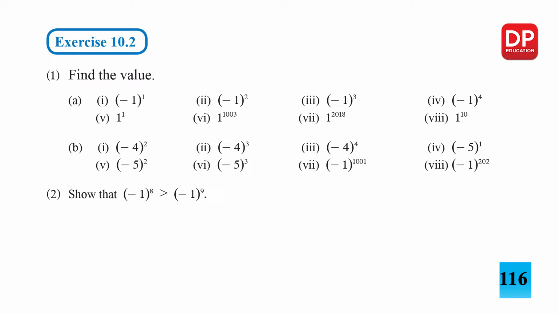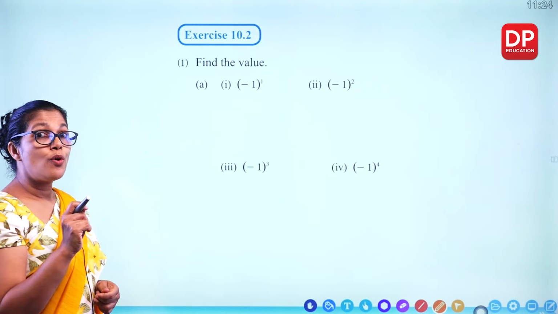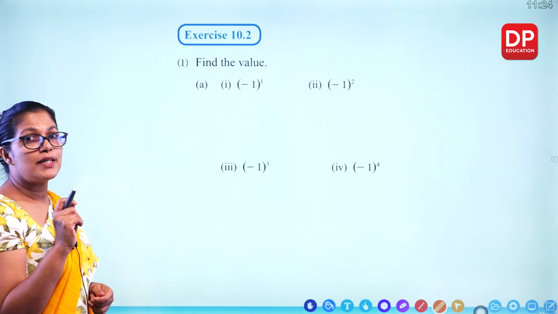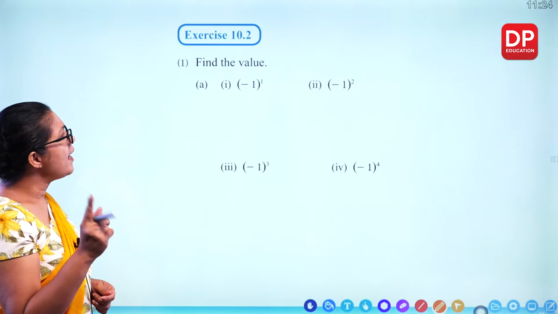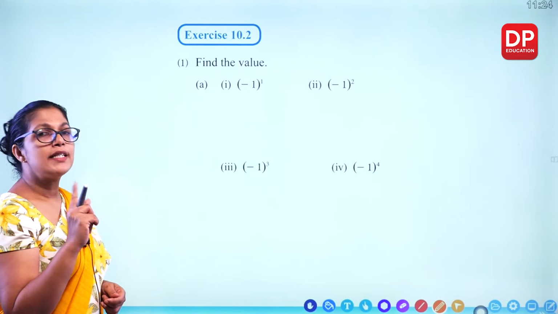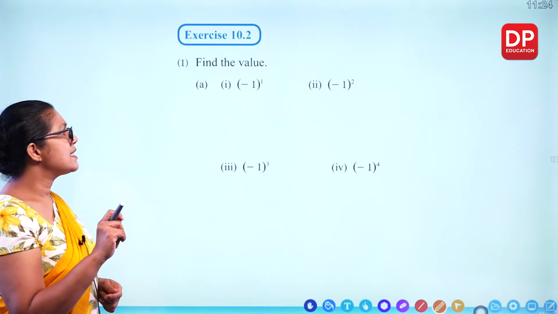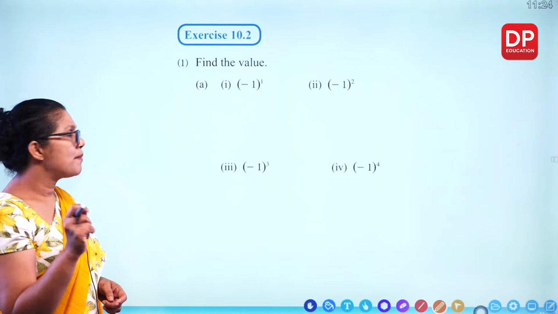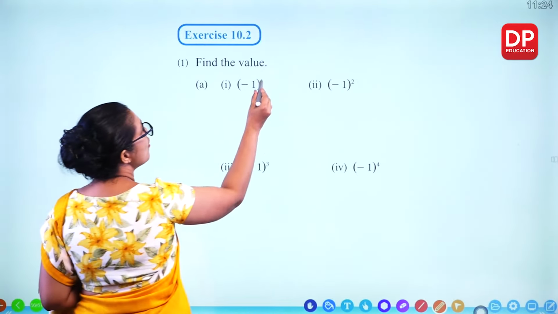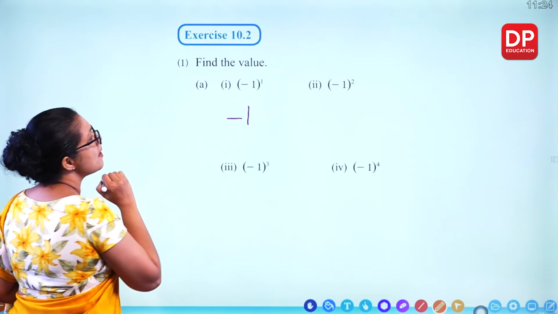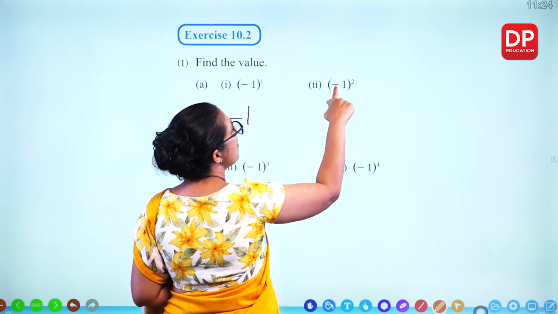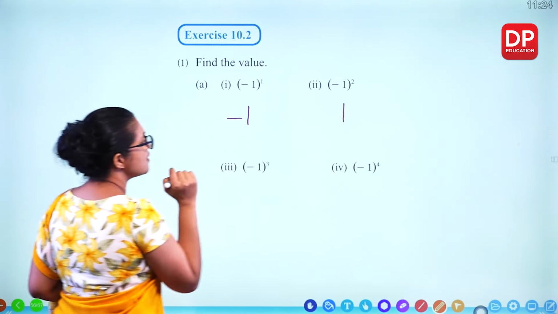Exercise 10.2, find the value. We know 1 to the power any number is 1. Depending on the power, you get negative or positive. Odd powers, you get negative. Even powers, you get positive. So, odd power, so you get minus 1. Even power, you get positive 1.